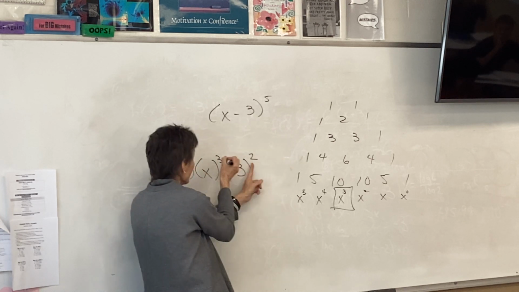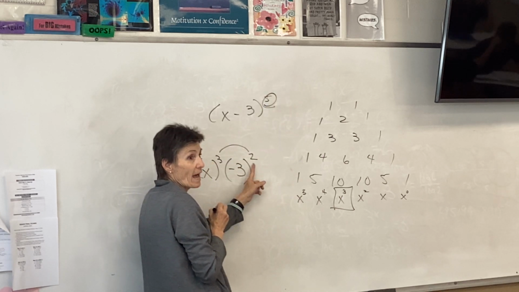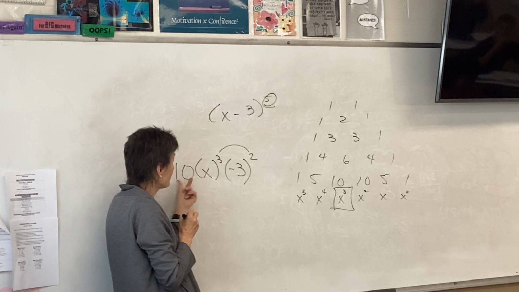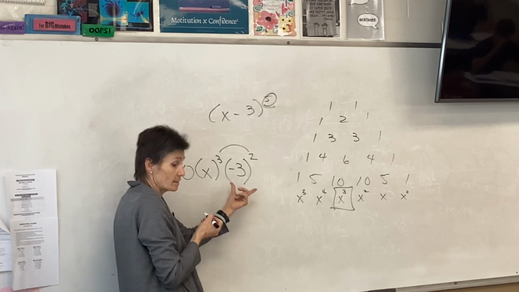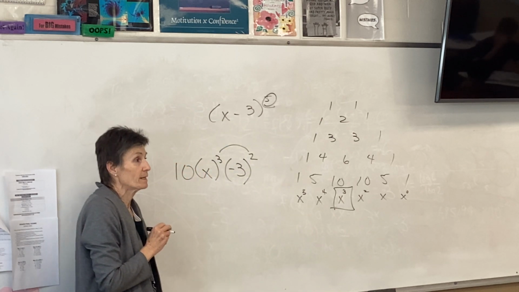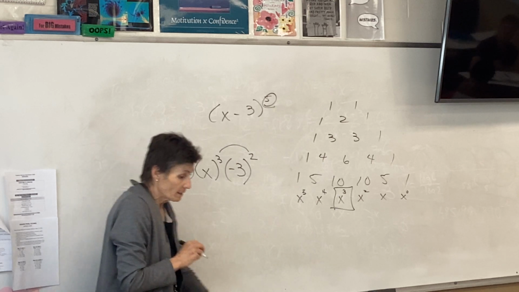Second, because these two will always add up to that. So what is the coefficient? 10 times negative 3 squared. They don't actually work it out, they just leave it that way, that's what it is. Is that okay with everybody? Remember that? Okay, let's back up.